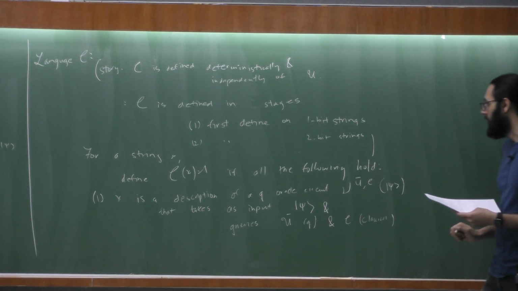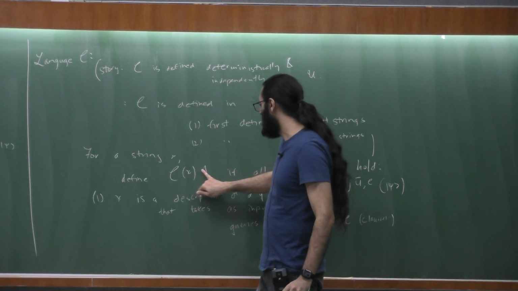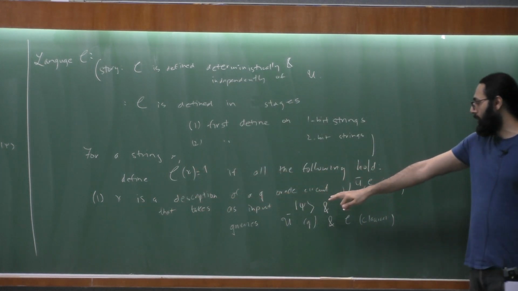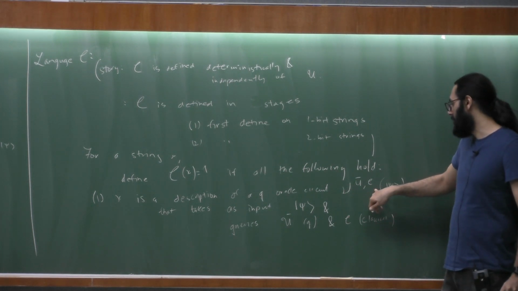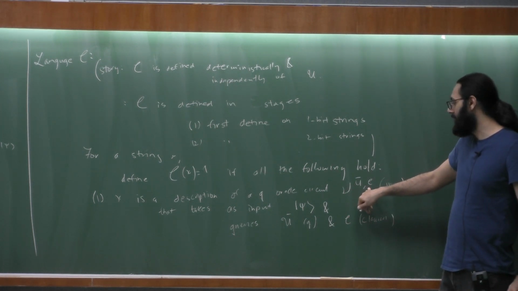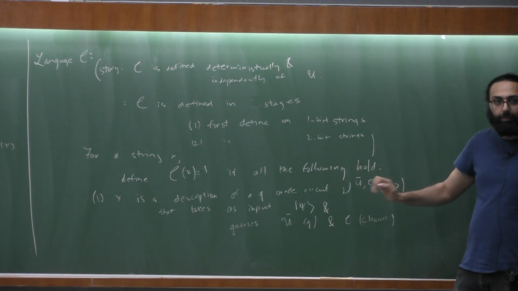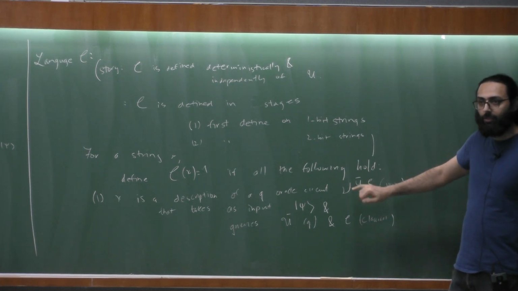So x here is being interpreted as the description of a quantum oracle circuit. What the circuit does is it takes as input the quantum and the classical oracle and the input psi. So it's sort of imitating the QMA verifier, because the QMA verifier is expected to get a witness and has access to the oracles.